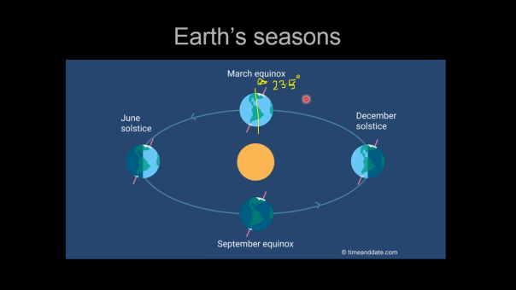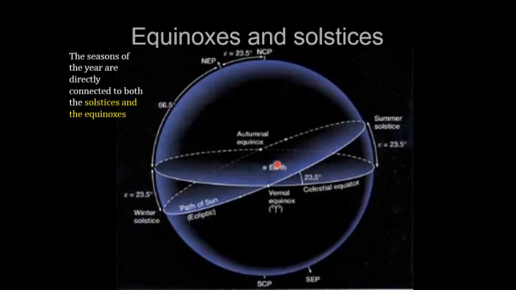Again, as the earth moves during March, you can see the axis is such a way that the sunlight falls equally on the northern and southern hemisphere, and it is called an equinox.